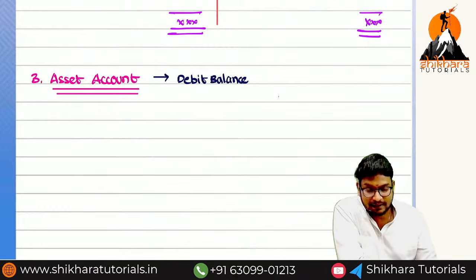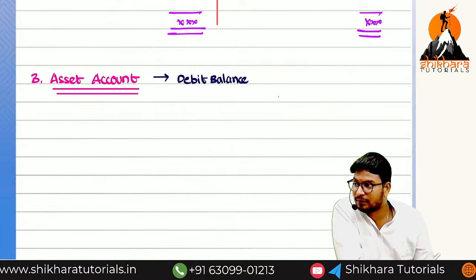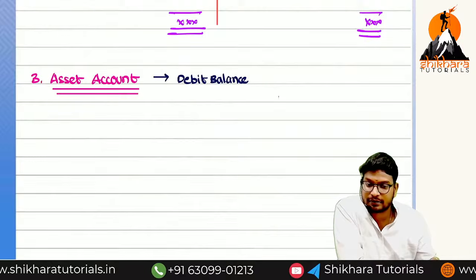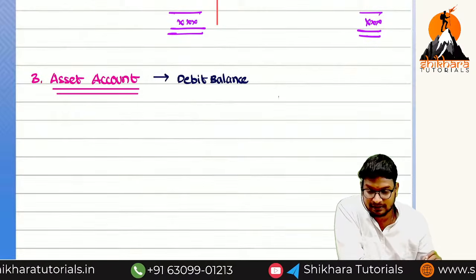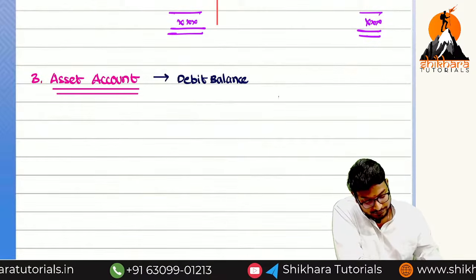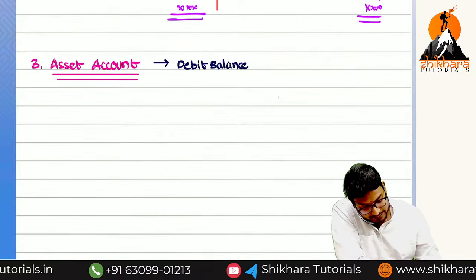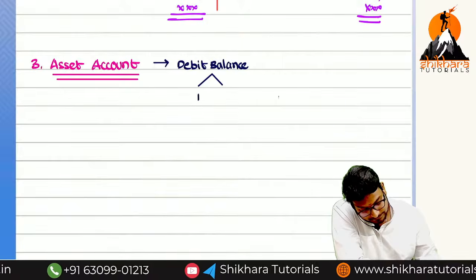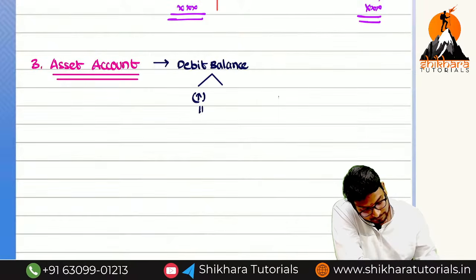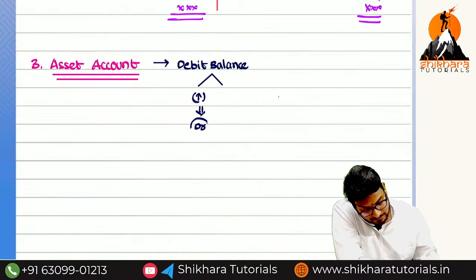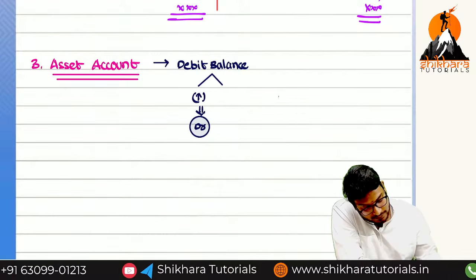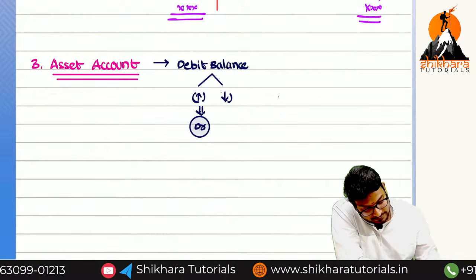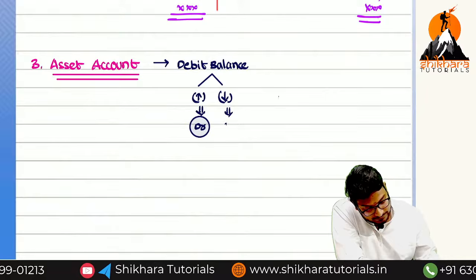So for the debit balance, opening balance will be on which side? Debit side. Closing balance will be on which side? Credit side. Already we know. If the debit balance increases, debit. And if the debit balance decreases, credit.